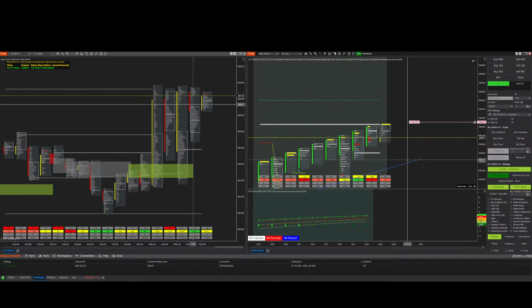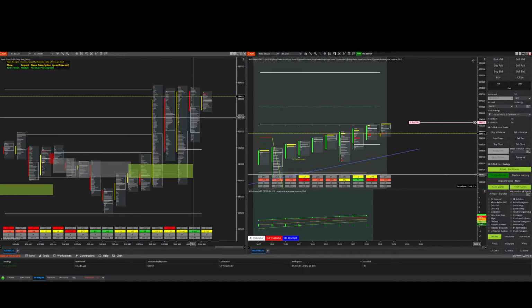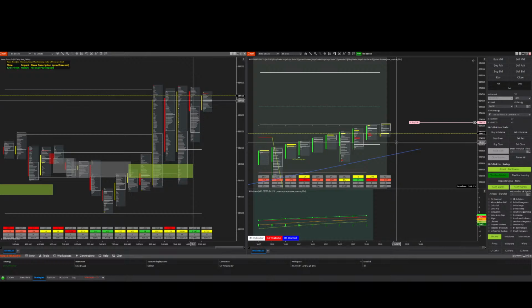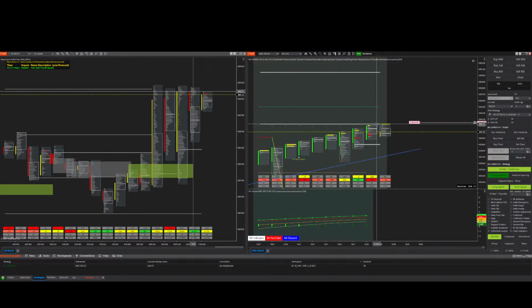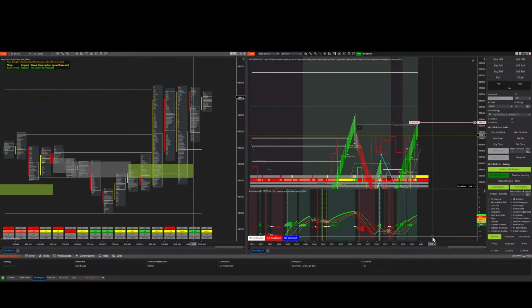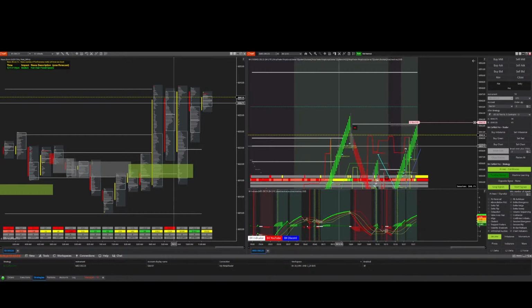Stop filled. Stop filled. We need to break over here. That's one of our virgin points of control with our footprint.